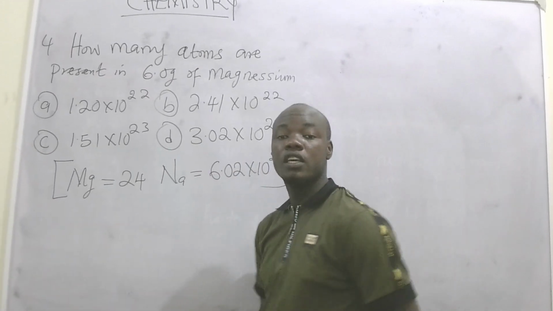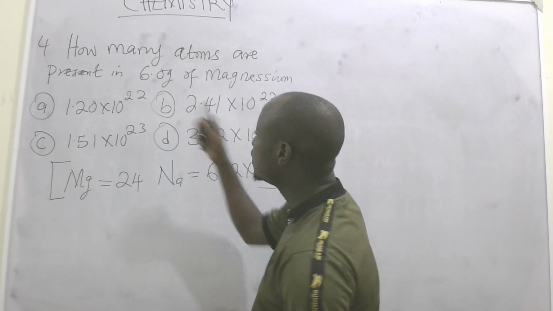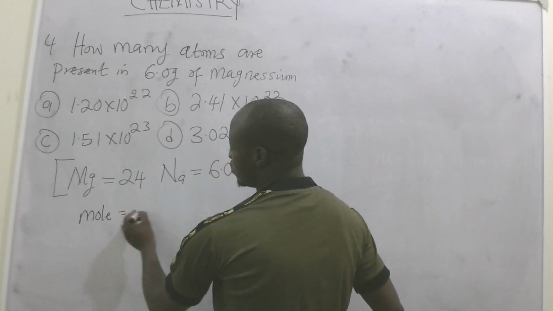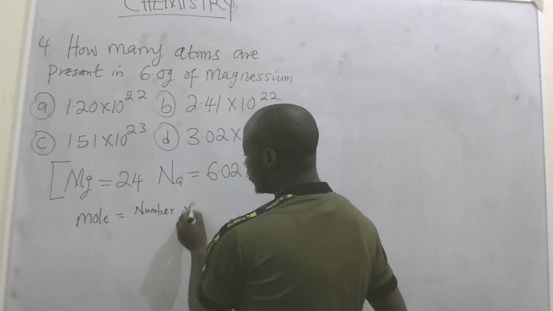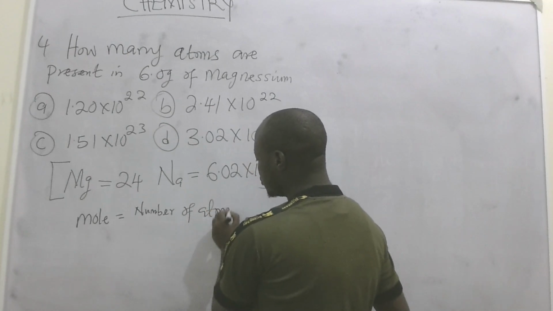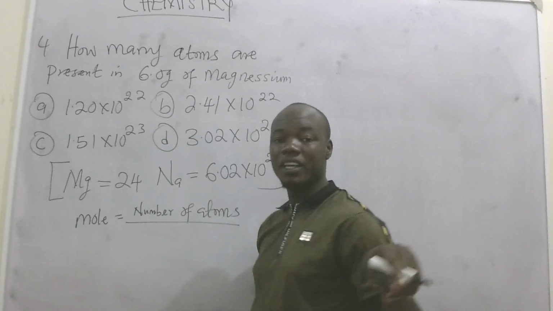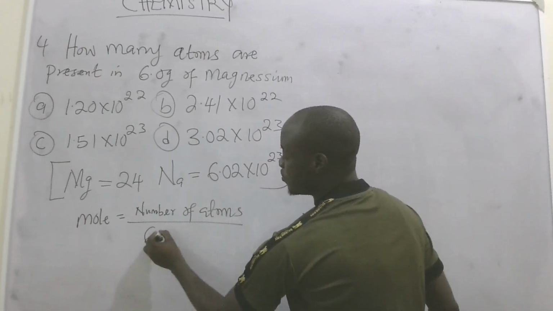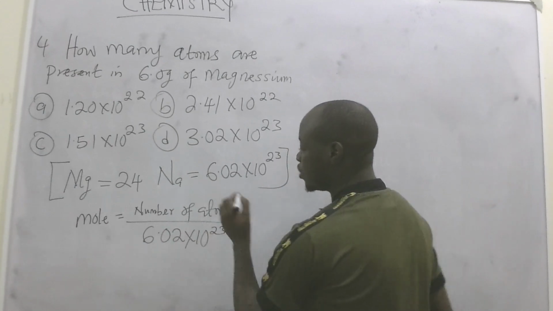To calculate the number of atoms, we have a formula. There are various formulas for calculating mole, but in this case we are going to use the formula which says mole is equal to number of atoms all over Avogadro's number, which is 6.02 times 10 raised to the power of 23.